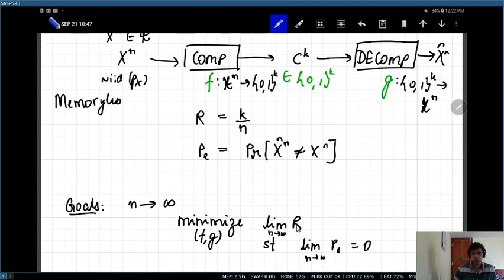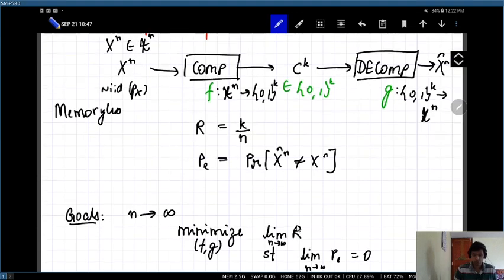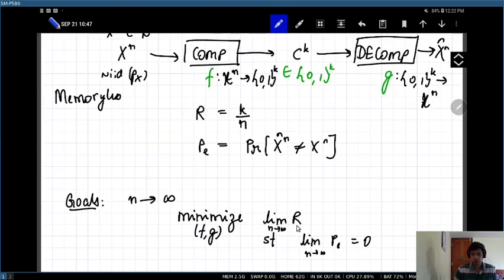So as n tends to infinity, the probability of error should tend to 0, but at the same time we want the asymptotic value of r to be as small as possible, right? So that's going to be the goal of this particular lecture.